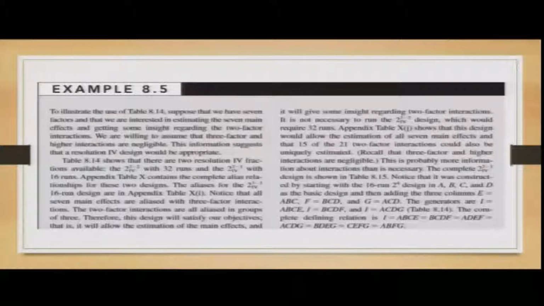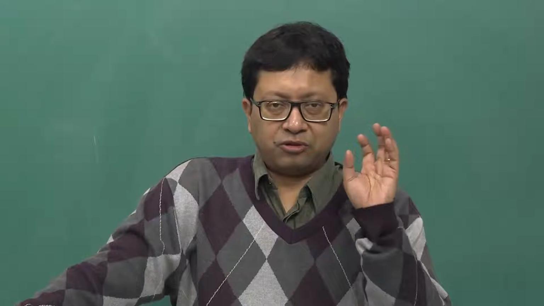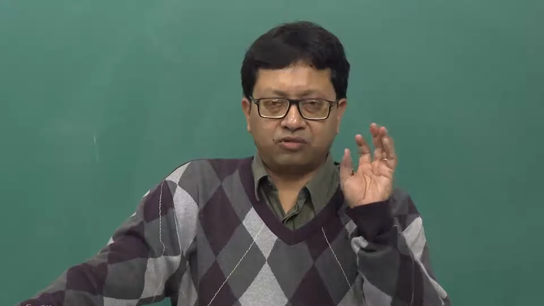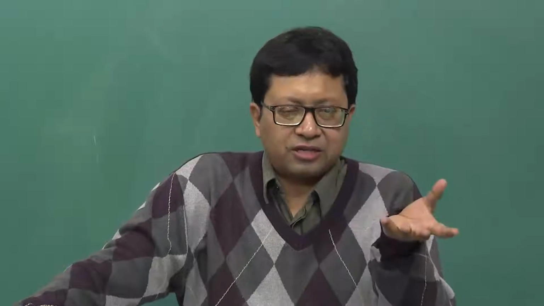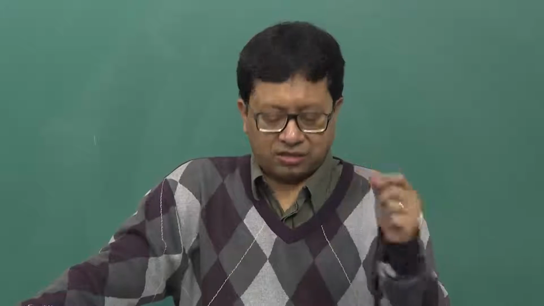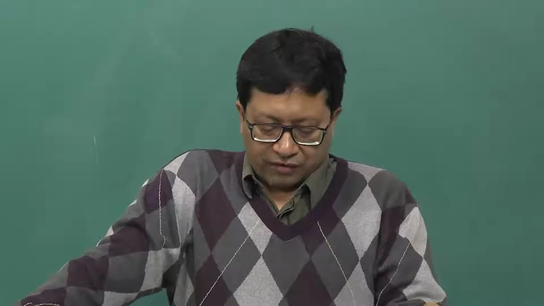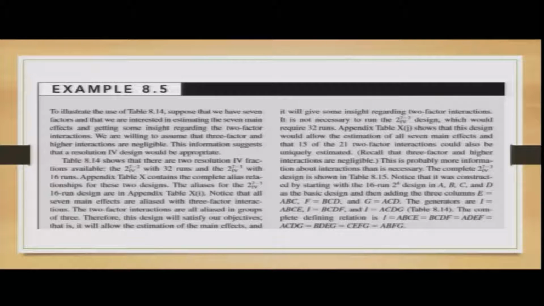Obviously 3 and 4 would give us theoretically very nice results, but practically their essence would be lost, because we are able to do it with the 2 factor model. So, we would stick to that in order to minimize our complications, but still get the best answer. So, we are willing to assume that the 3 factor and higher interactions are negligible.